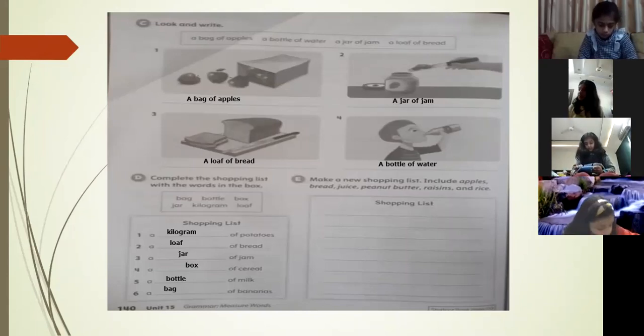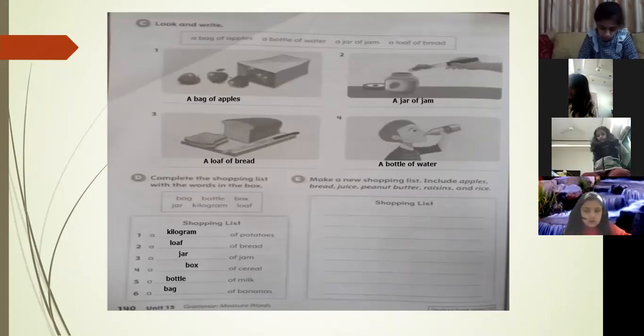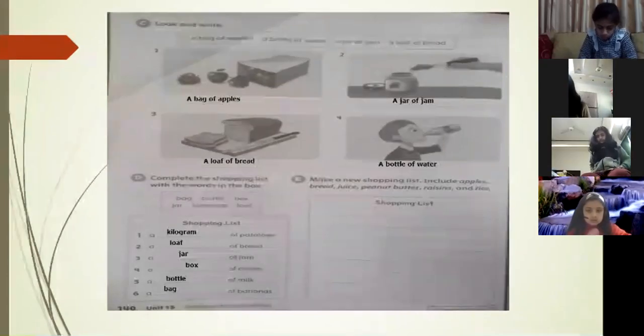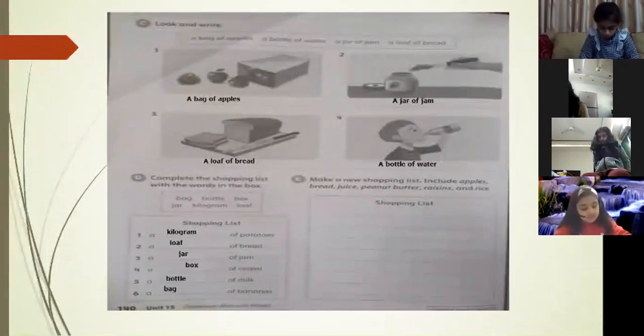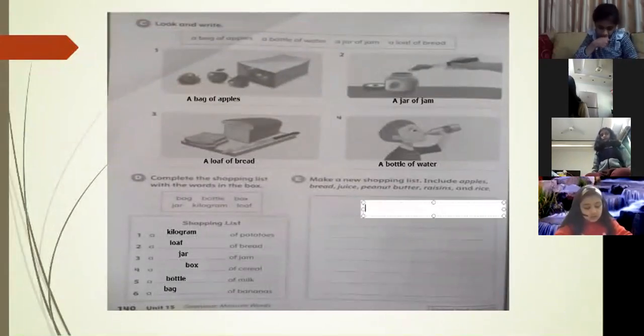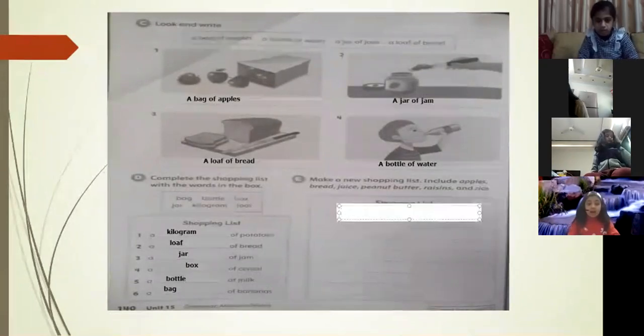And you have been given these words: apples, bread, juice, peanut butter, raisins, and rice. So you have to use different measure words for these ones. Let's talk about apples first. Which measure word will you use for apples?